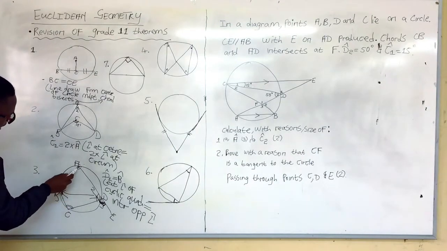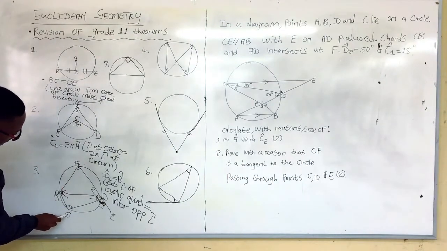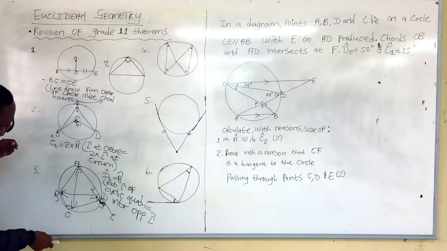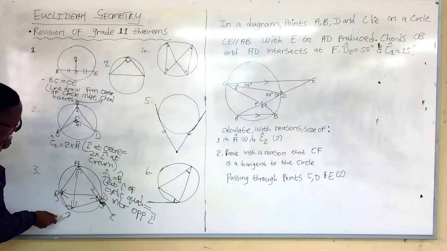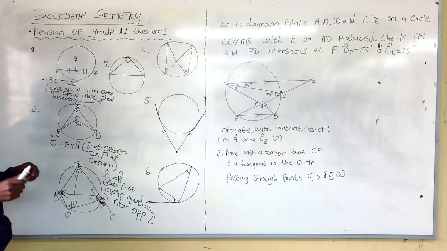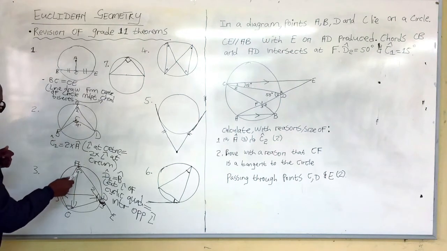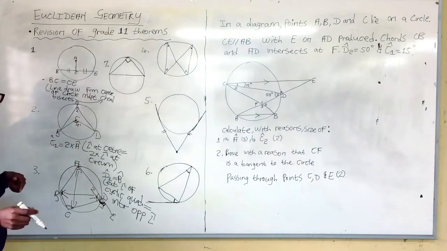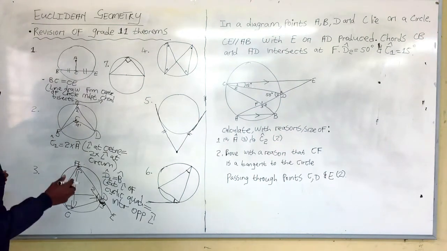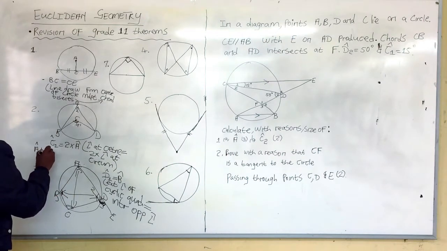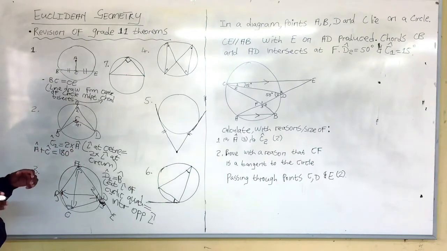So angle A plus angle C, because they are opposite to each other inside the cyclic quad, must always give us 180 degrees.